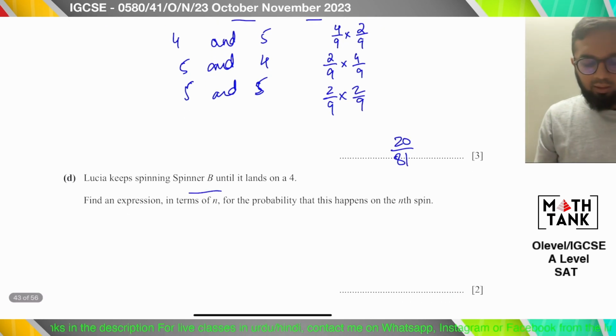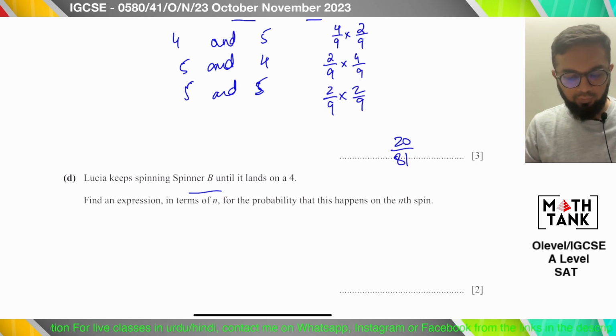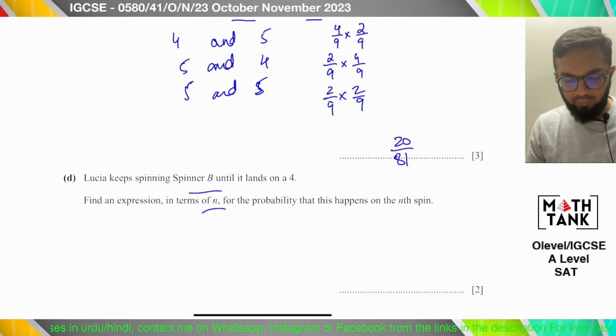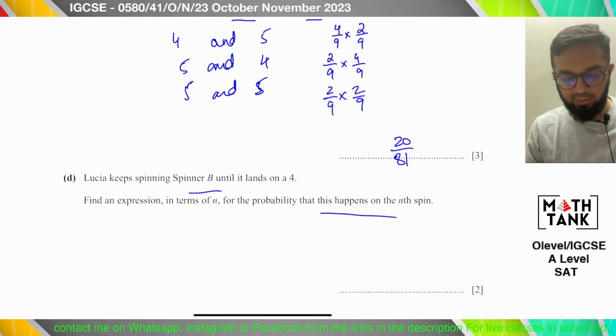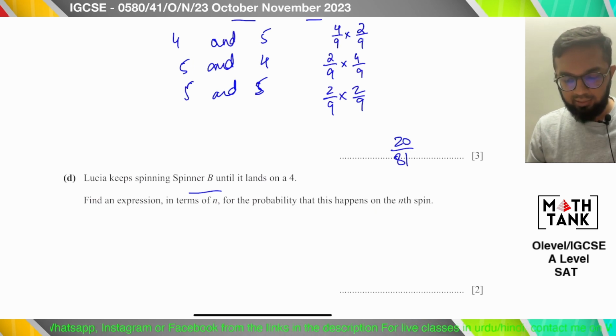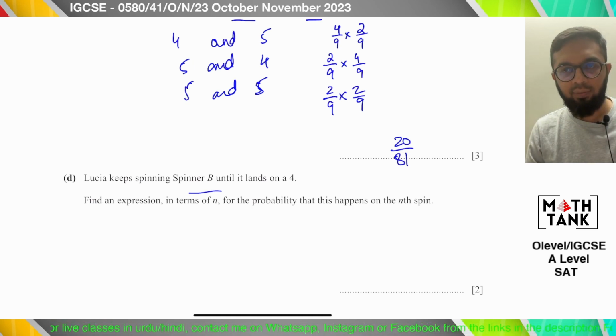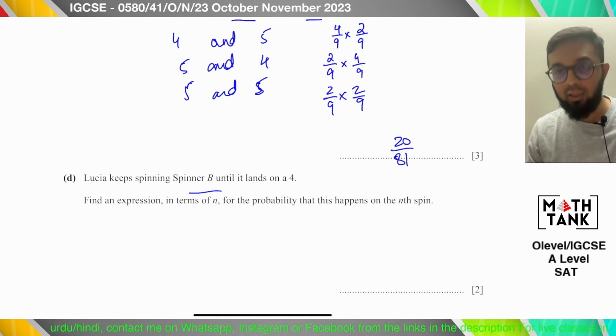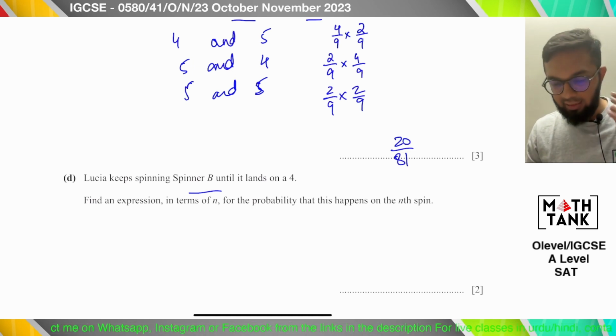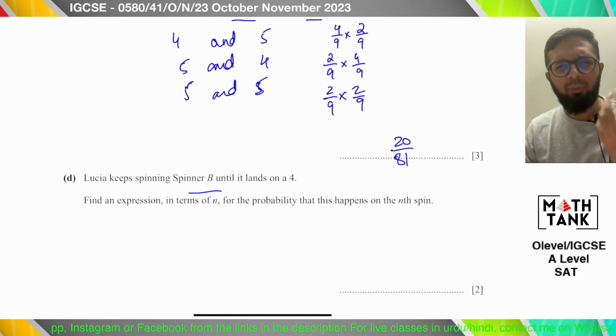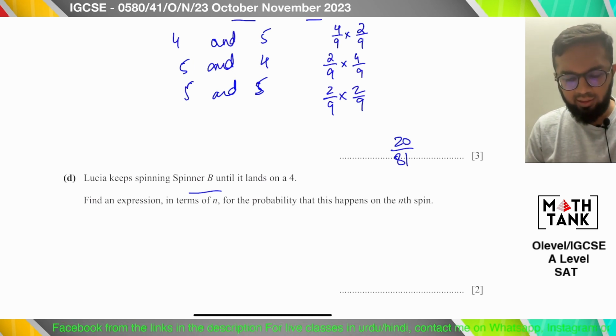You keep spinning spinner B until it lands on a 4. Find an expression in terms of n for the probability that this happens on the nth spin. Okay, so I'm going to say that on the first turn she fails, on the second turn she fails. She succeeds on the nth turn. So there might be n minus 1 failures.